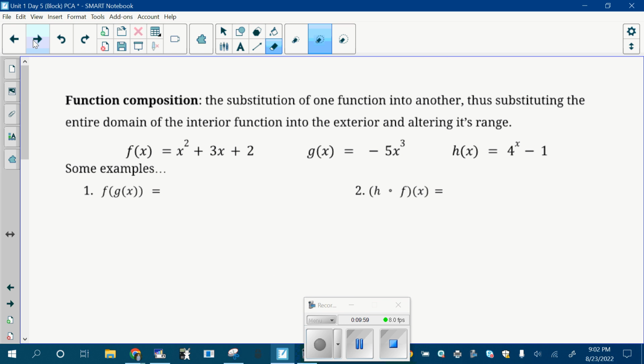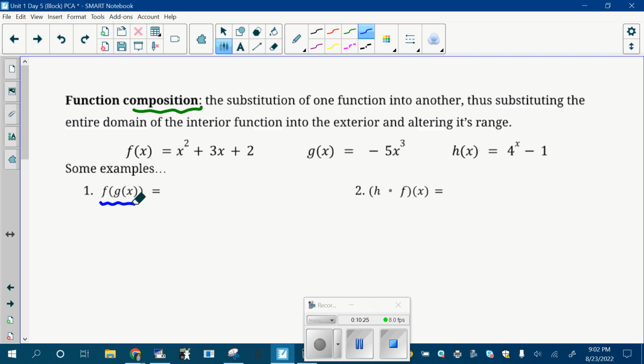What we're really doing there is sticking a function into another function. We're substituting a function into another function. The fancy name for that is composition. That's just substituting one function into another function. If you look at this problem here, this is not multiplication, it's composition.